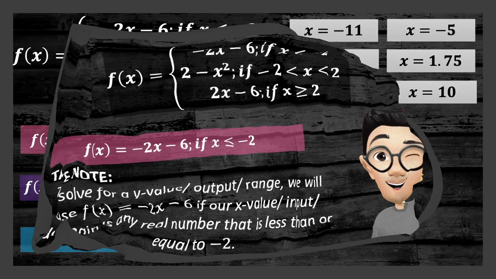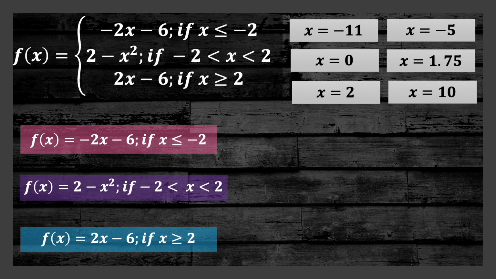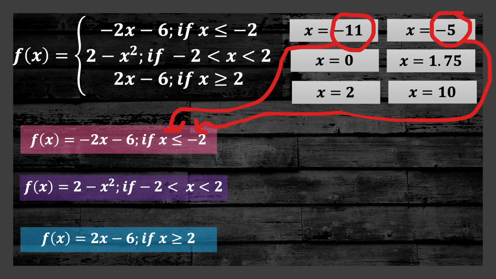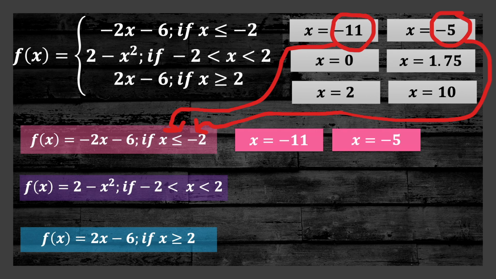Going back to our example, since negative 11 and negative 5 are numbers less than negative 2, we will use negative 2x minus 6 to solve for their y values denoted by f of negative 11 and f of negative 5.